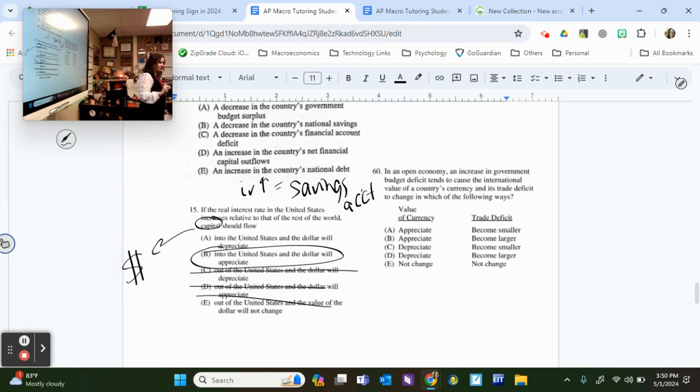Taxes? Don't spend? They borrow from banks, in the story called crowding out.